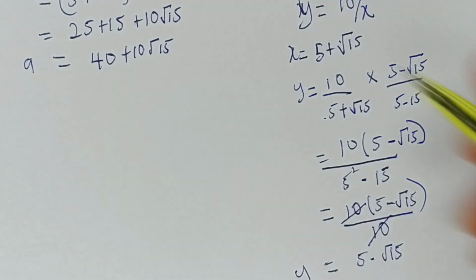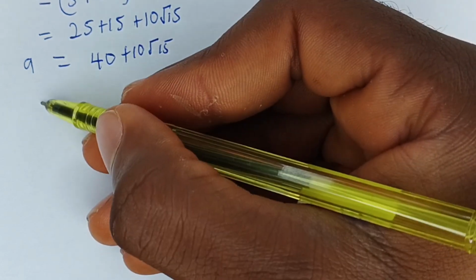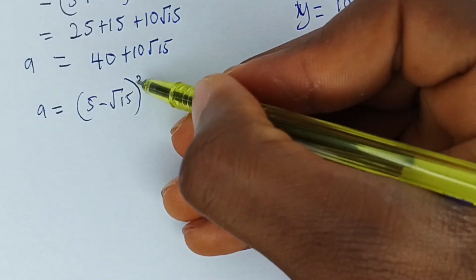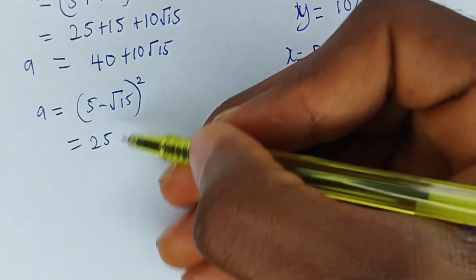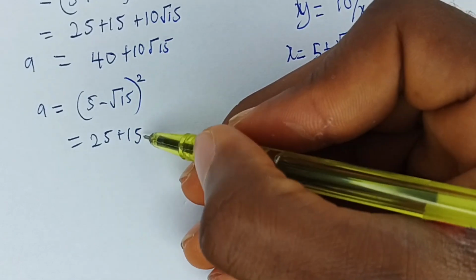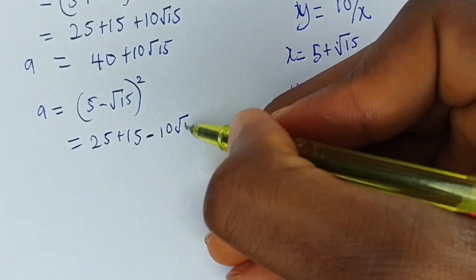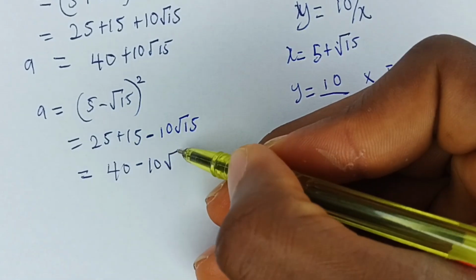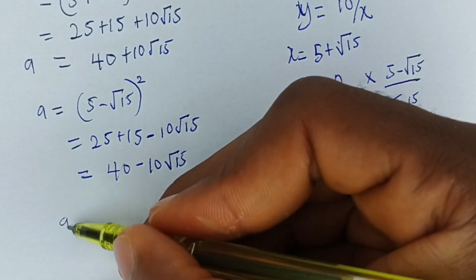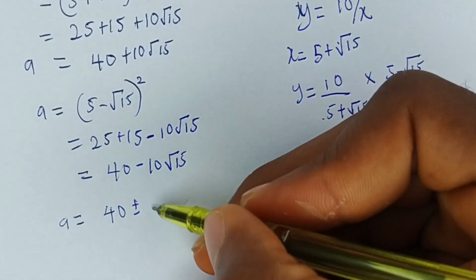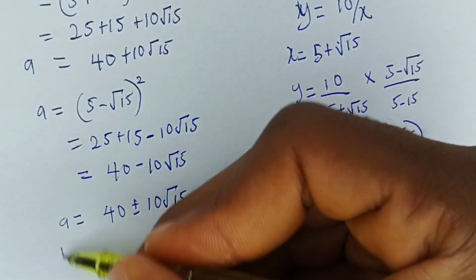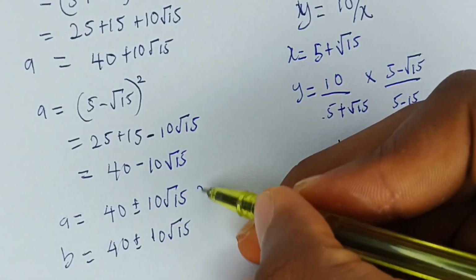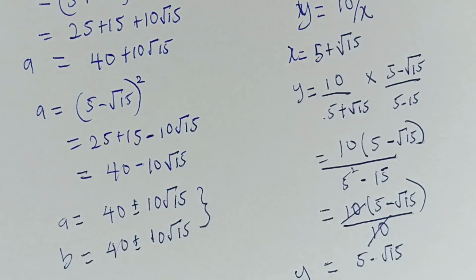And when it's 5 minus root of 15 all squared, it's equal to 5 squared is 25, plus 15, but then we have minus 10 root 15. So this becomes equal to 40 minus 10 root 15. So we have that a is equal to 40 plus or minus 10 root 15, and b is also equal to 40 plus or minus 10 root 15. So this becomes the answer to this question.